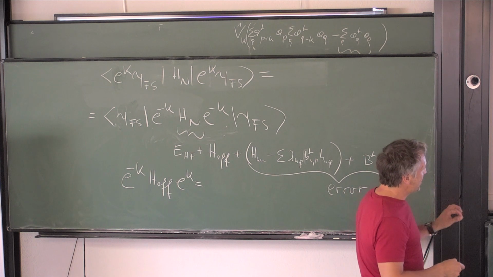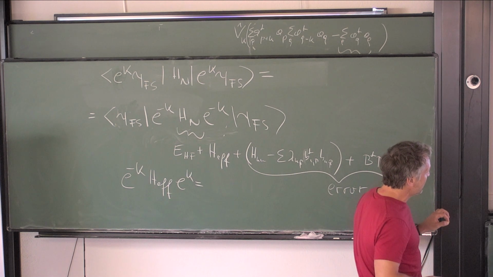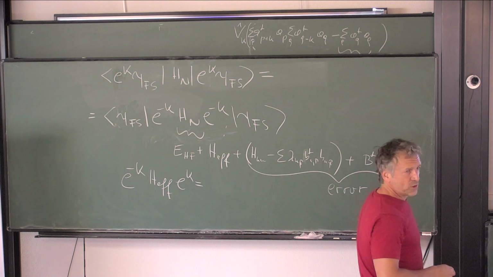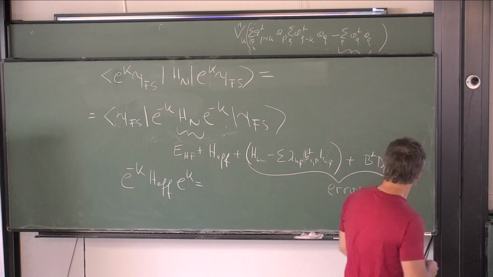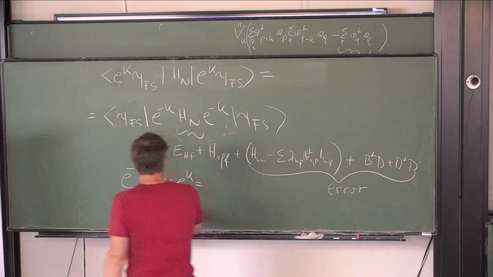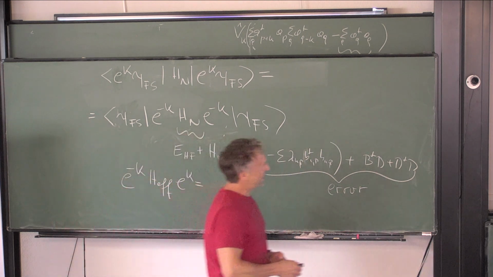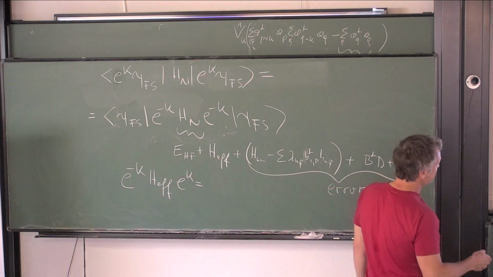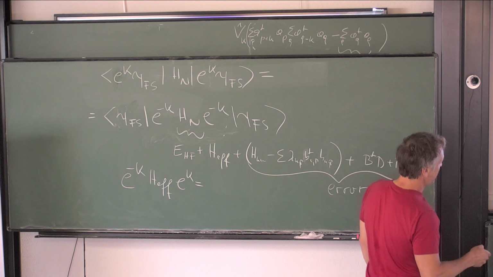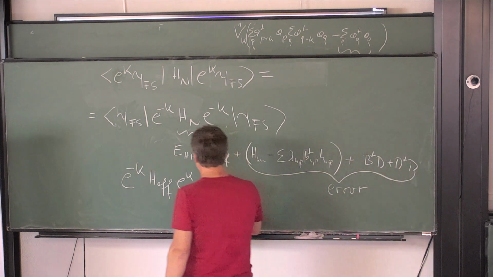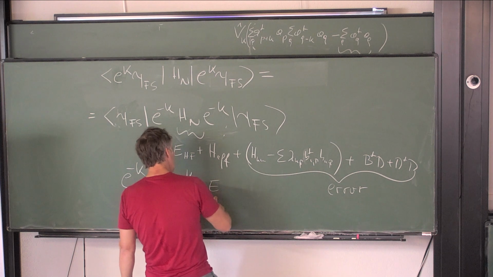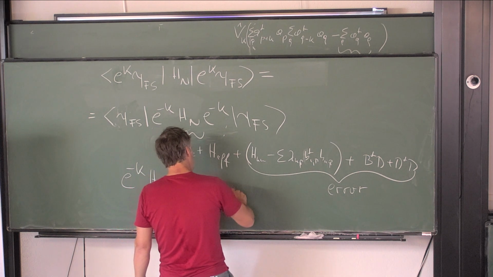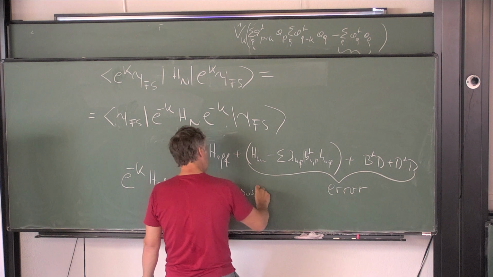Now, you pretend you choose your k as if they were purely bosons. So now the goal, if you choose the k as if they were bosonic, then you get the energy of this bosonic correlation energy.